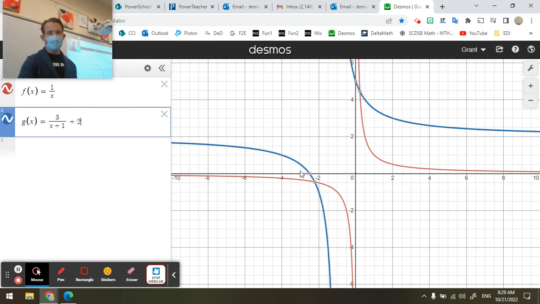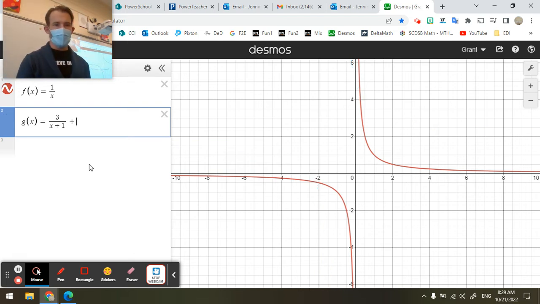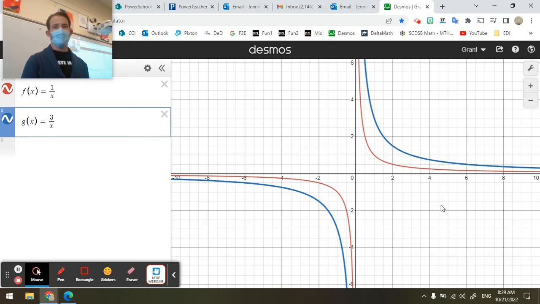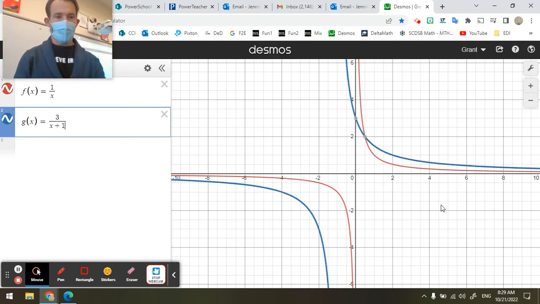Actually, let's just take a look at it when it's 3 over x. There we see the effect of a stretch by factor 3. So the first thing that happened was we took this point here and stretched it 3 times. That was the point -2, -1/2. Now it's the point -2, -3/2. This point here, 1, 1, is now the point 1, 3. That's a stretch by factor 3 vertically. And then we add 1 to the x value.